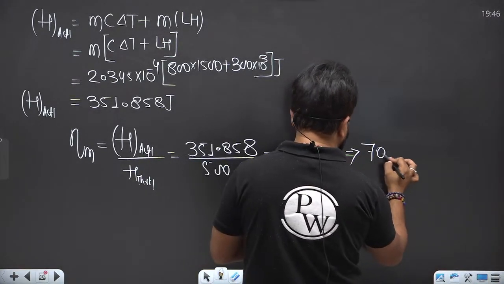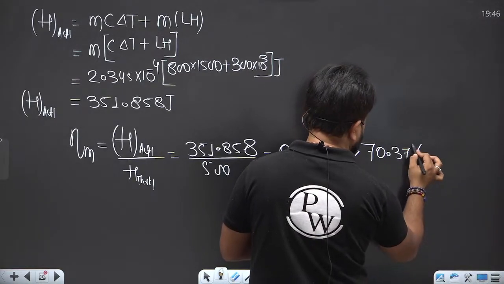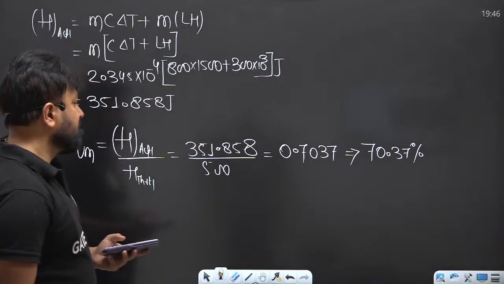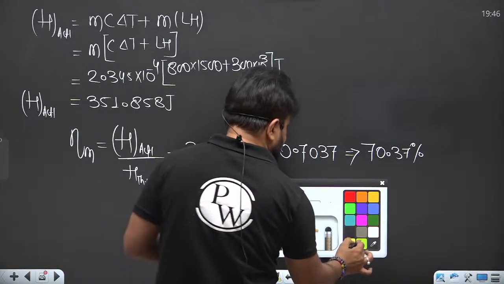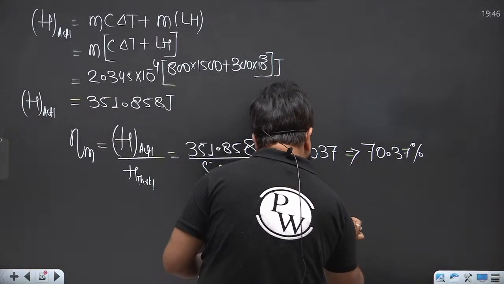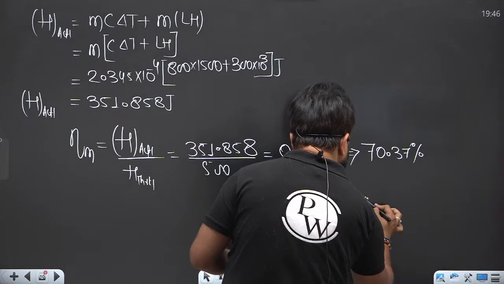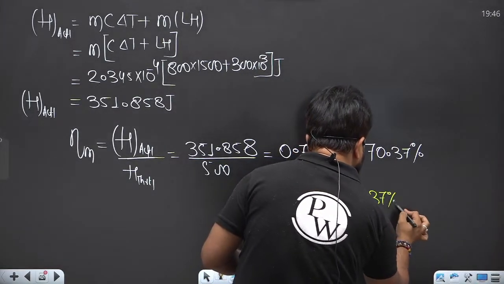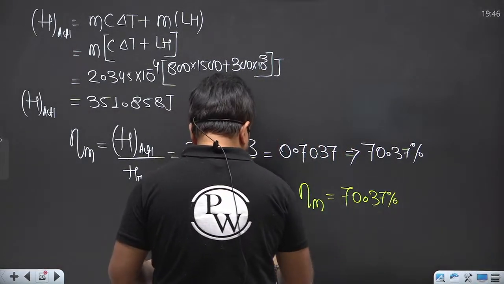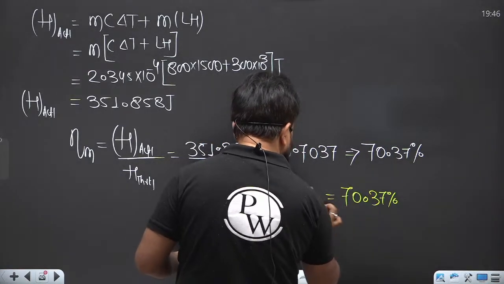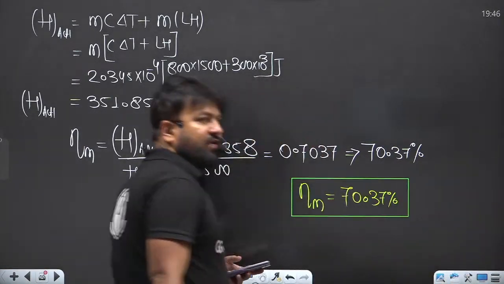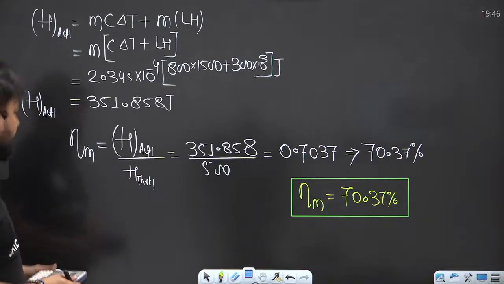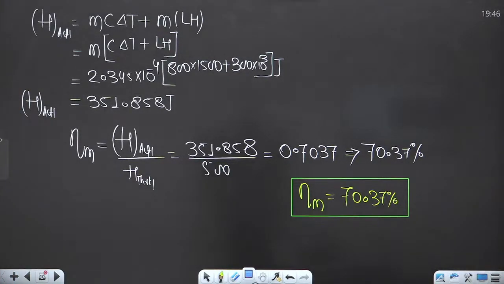As a percentage, you can write 70.7%, right? So here the final answer for melting efficiency is 70.7%. I hope you understand the concept, right? Now let's move to another question.